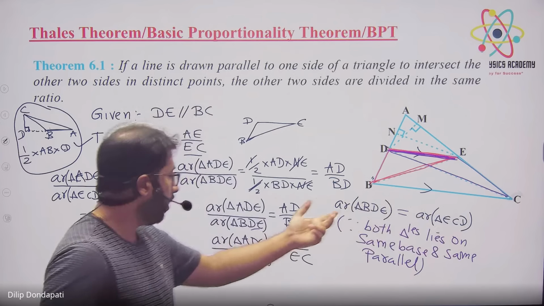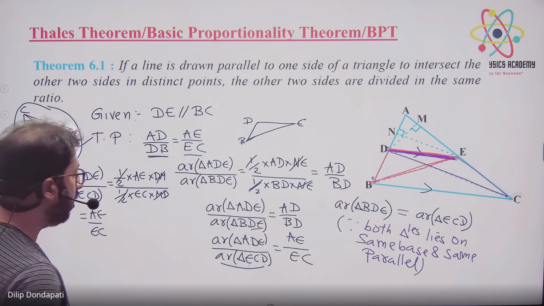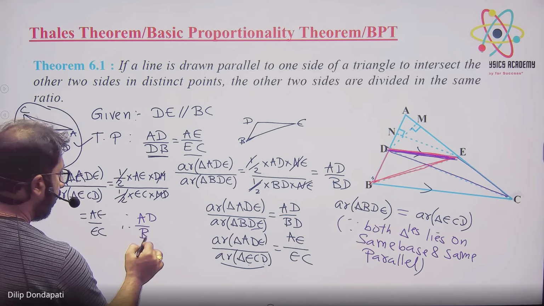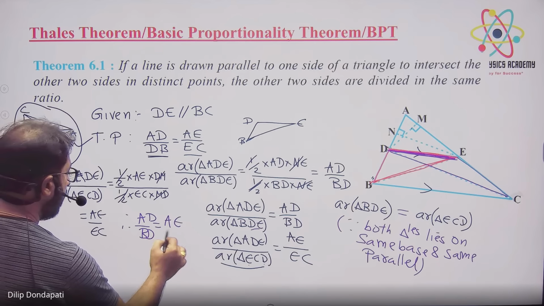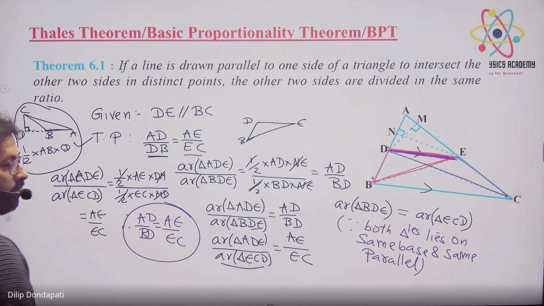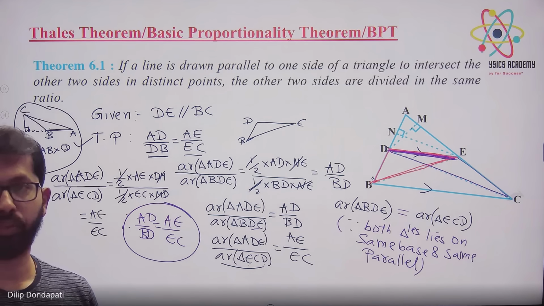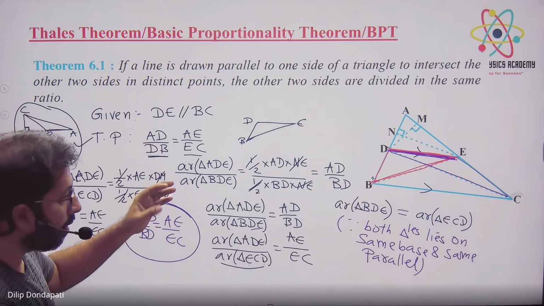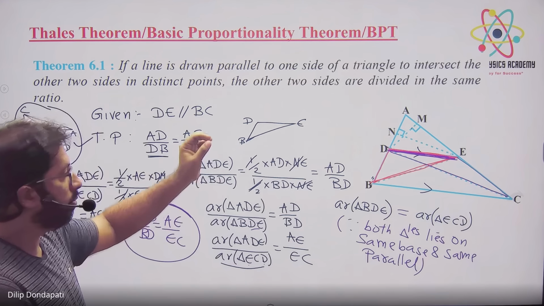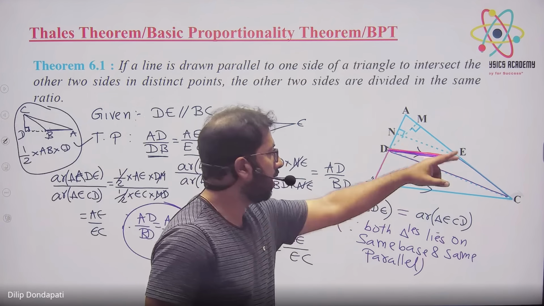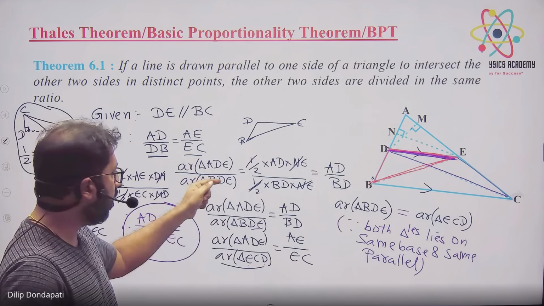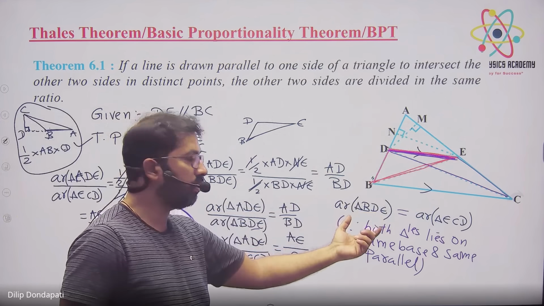If they both are equal, the left hand side will be equal. Therefore, finally, AD by BD is equal to AE by EC. This is the proof. See, आपको देखने में थोड़ा बड़ा लगेगा, but कुछ नहीं है. आपको simply triangle draw करने का, join करने का, 3 areas find करो, just divide, and finally bottom wala areas are equal because both lie on same base, same parallel.